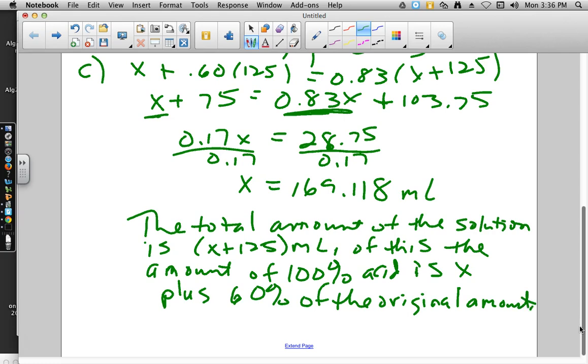So just explaining there that we have the 100% solution that's being added to 60% of the original amount. In this case, it was 125. But that's how we figure out the concentration and the total of milliliters that would have that concentration over there. So that is number 31.